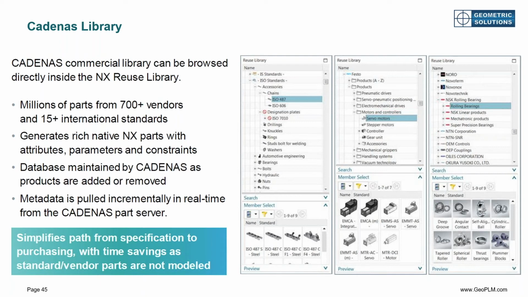And we have this reuse library that is linked directly to their systems, and they're providing and pushing out all their new parts. So what's nice about this is I don't have to go to their websites to get CAD. I can go in there, and I'm going to look at the second column here. I need servo motors, and I get them from Festo, and here's every one they have. I can pick it and place it in my model.